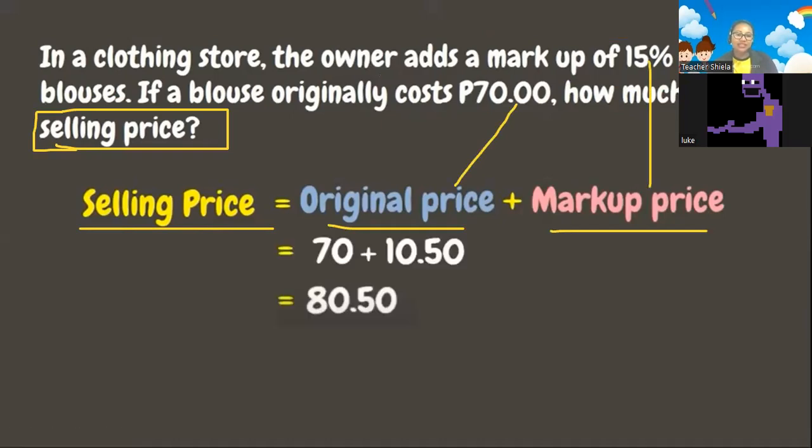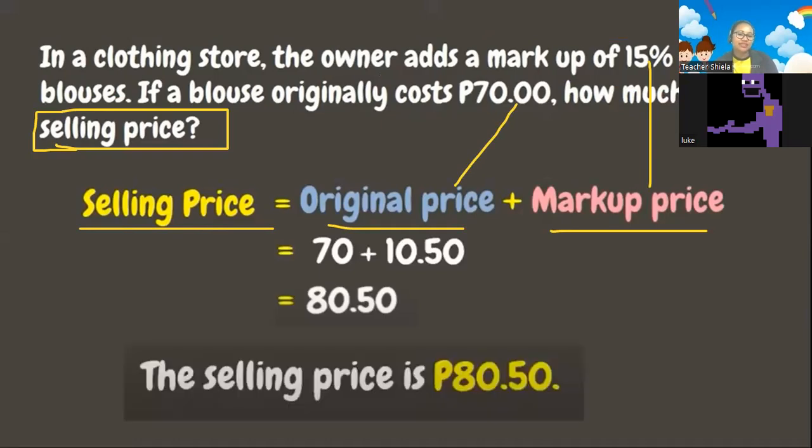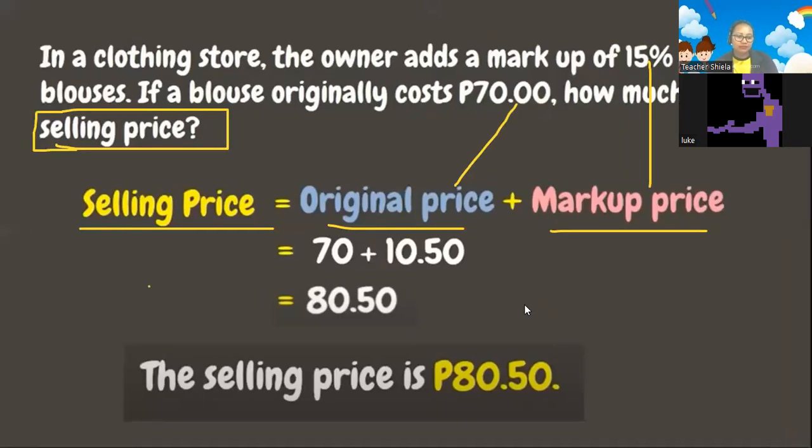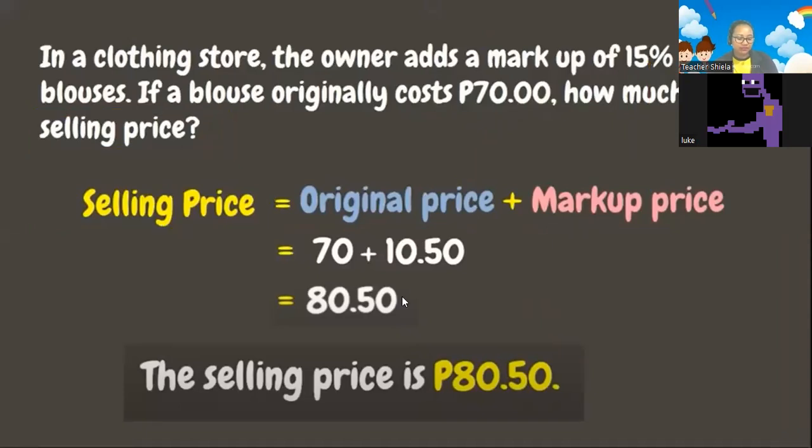So the selling price is 80.50. All right? Any questions here? None. Remember, don't be confused. I hope that it is really related to your exam so you can get 100 points.